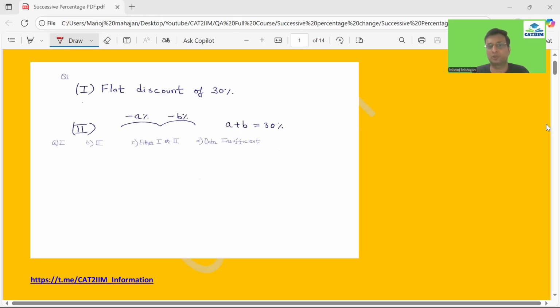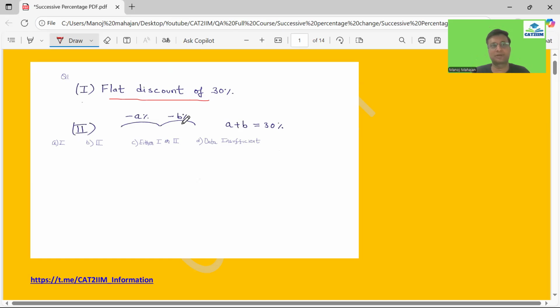So let's say you as a customer went to a shop and the shopkeeper is giving you two choices. You have to pick one of these. Whatever the article you are going to buy, the first option he is giving is a flat discount of 30%.